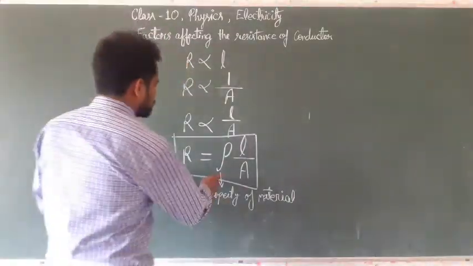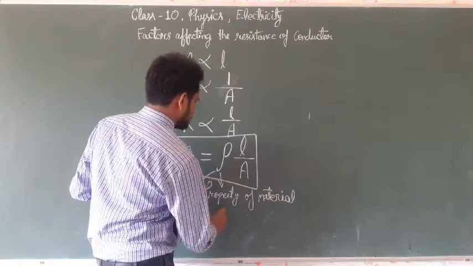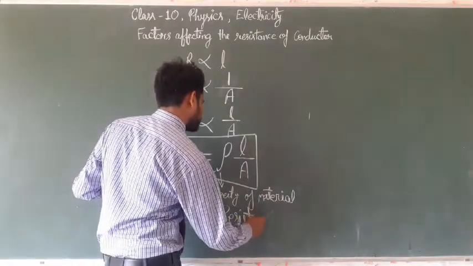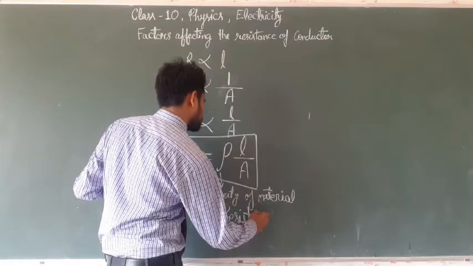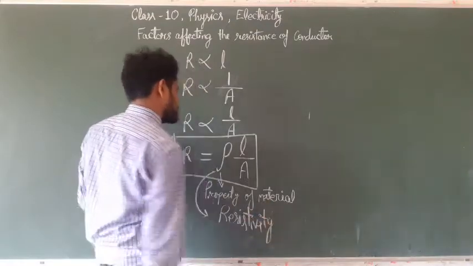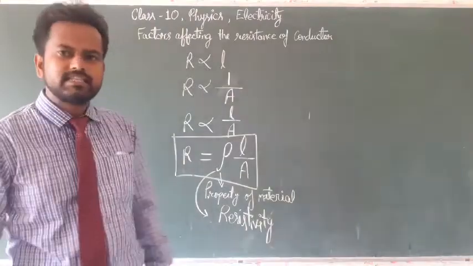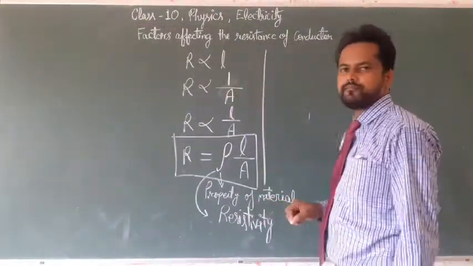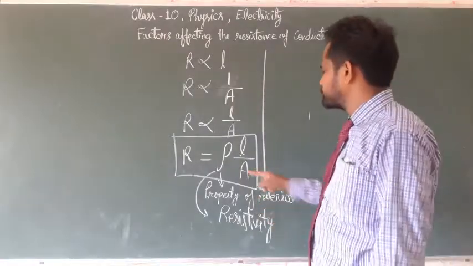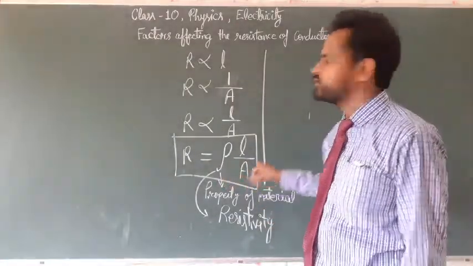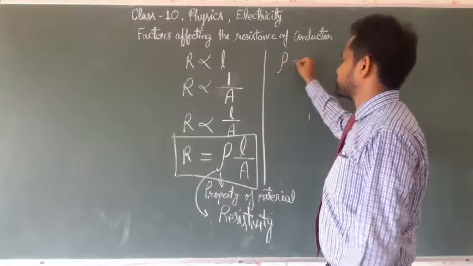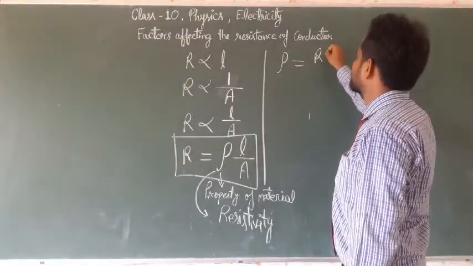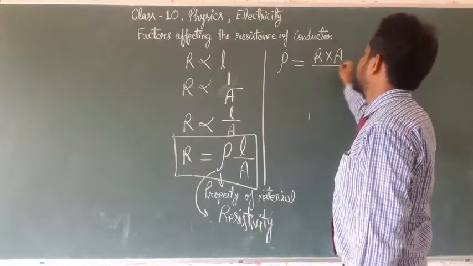This is also called resistivity. If we want to find out the value of rho, then rho is equal to R into A by L.